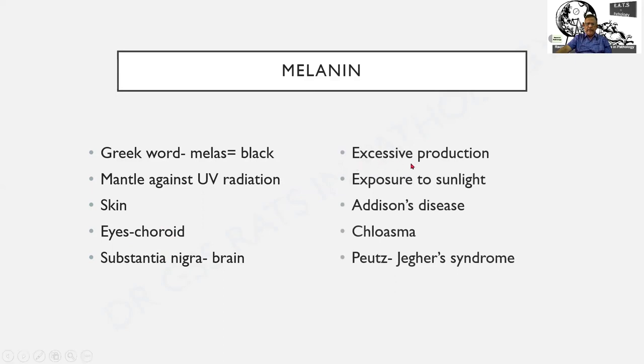Sometimes you find that there can be excessive production, and on further exposure to sunlight, there can be an increased amount of production as a preventive measure. It can also occur in some diseases such as Addison's disease, chloasma, and Peutz-Jeghers syndrome. These two we shall be seeing. Chloasma is a development in pregnancy where there can be pigmentation of the skin.